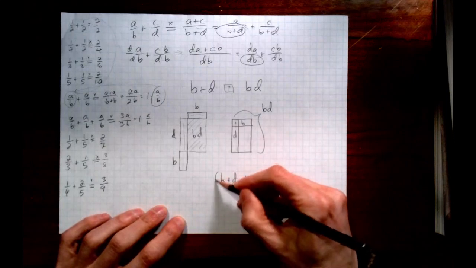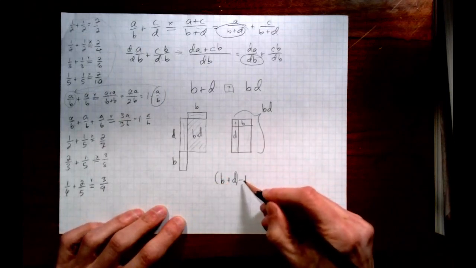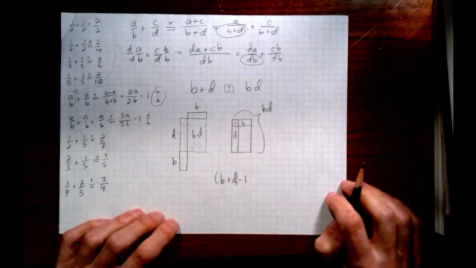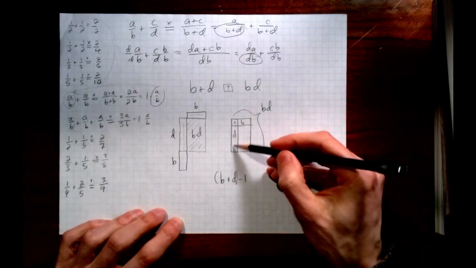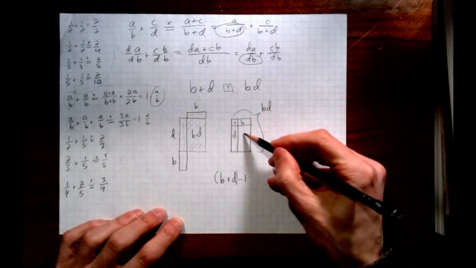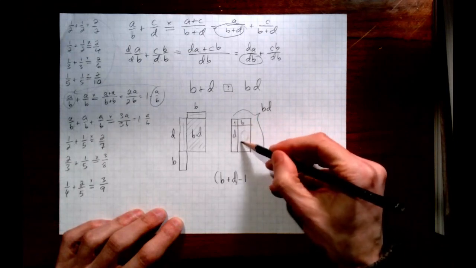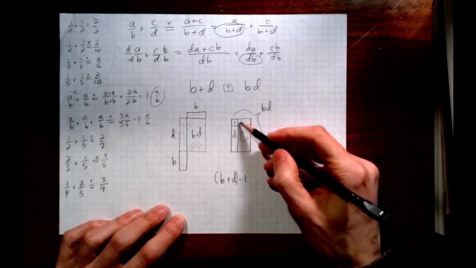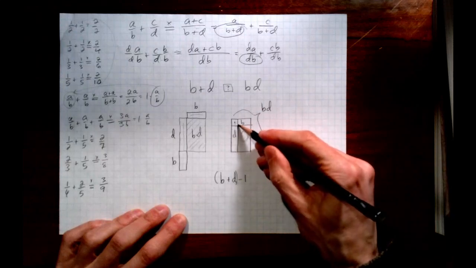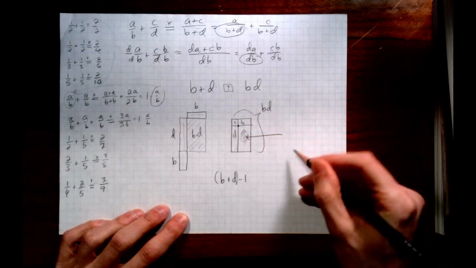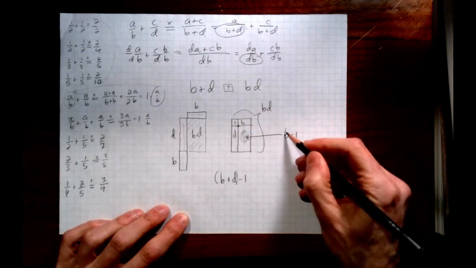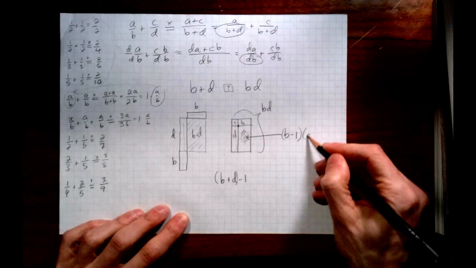Let's put brackets here so we're taking 1 from there. And then here, what is this? Well, this is b minus 1 here, and this is d minus 1. So this box here is going to be b minus 1 times d minus 1.